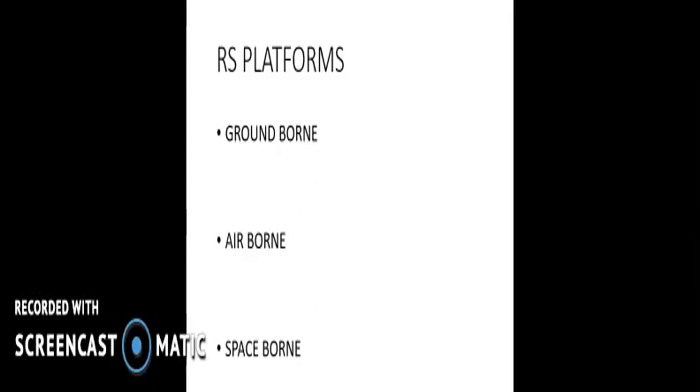If you want to cover a little bigger area, then you will go for airborne platforms. Airborne sensors will be the ones mounted on aircraft. Now, if you want to go for a still larger area, you will go for spaceborne platforms. That is your satellite images. Here, the scale will be much larger, right?